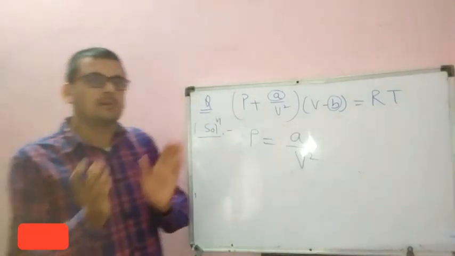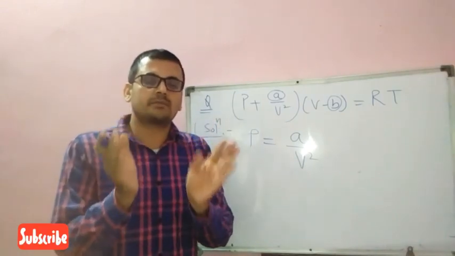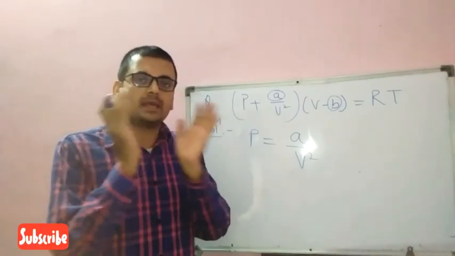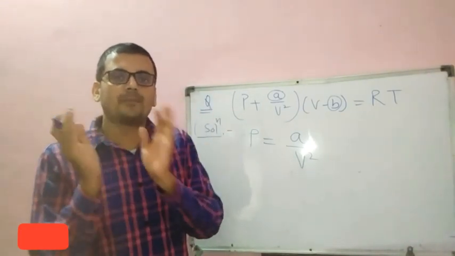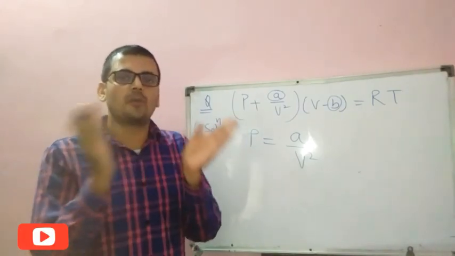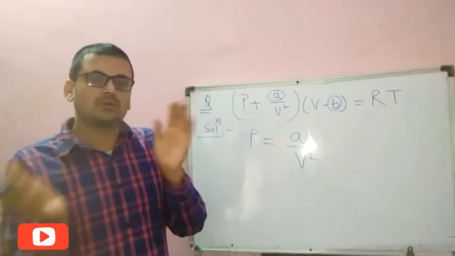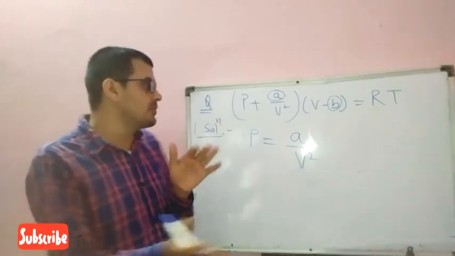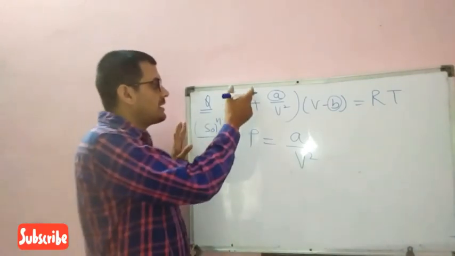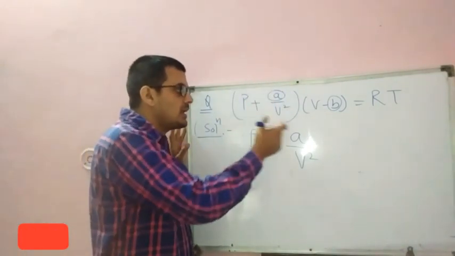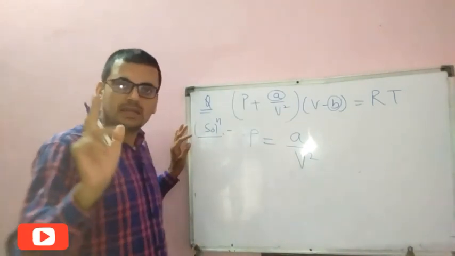Why? Because as per the statement, if any equation consists of more than one term, the dimension of each term must be the same. If the dimension of each term is the same, then the dimension of P will be the same as the dimension of a upon V square.